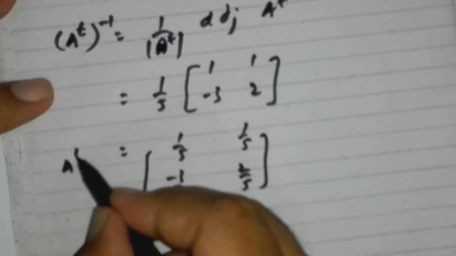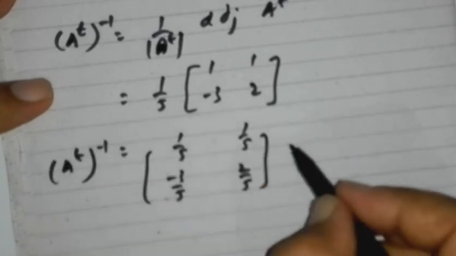This is (A transpose) whole inverse. Say this is 2. Now look, from 1 and 2, both are 1 over 5, 1 over 5, minus 3 over 5, 2 over 5. From 1 and 2, we have proved that (A inverse) transpose equals (A transpose) inverse. Proved.